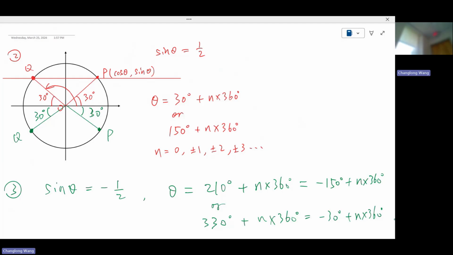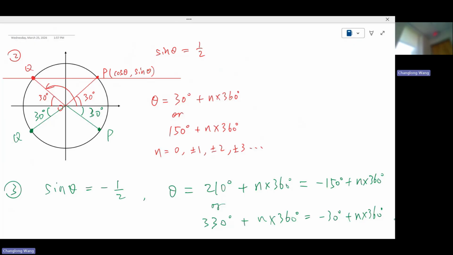Instead of going in the standard counterclockwise direction, what if I just go down by 30? But you have to put negative 30. And if you go all the way here in the clockwise direction, you get negative 150. But do you see that 210 and negative 150 are coterminal because they're off by 360?